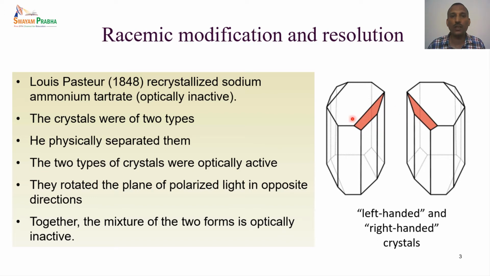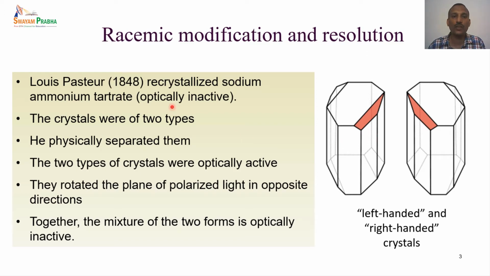That is the only exceptional case in the entire organic chemistry: sodium ammonium tartrate was the first and the most important one which can be separated easily by crystallization. Later on, many people tried many other compounds, but they could not be resolved by this simple crystallization technique.